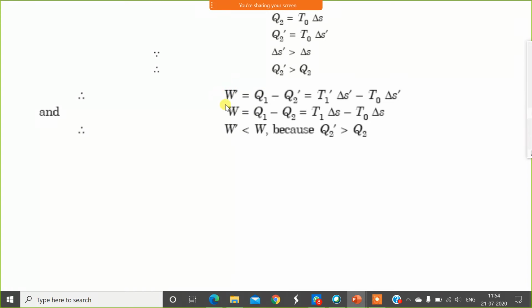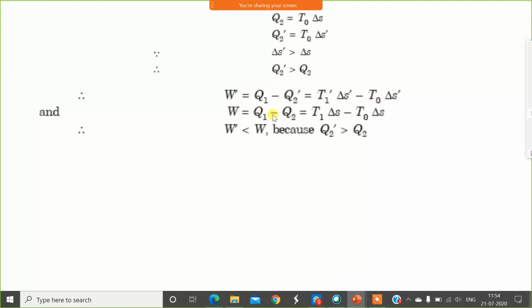Therefore, work done for the latter case, that is for finite temperature difference, is heat supplied minus heat rejected, Q1 minus Q2 dash. Q1 is T1 dash delta S dash, or we can say T1 into delta S, both are the same, and Q2 dash is equal to T0 delta S dash.